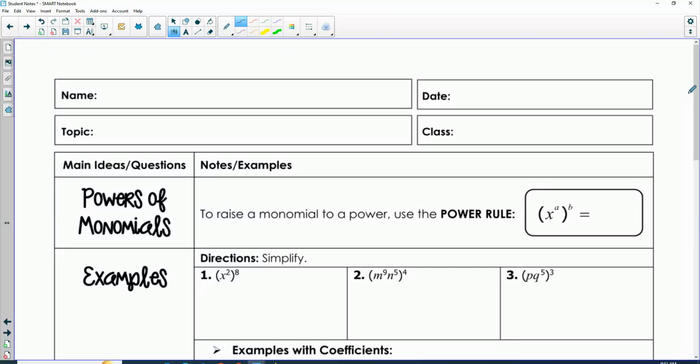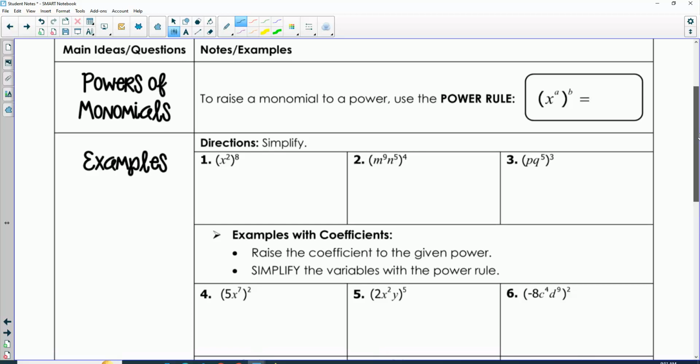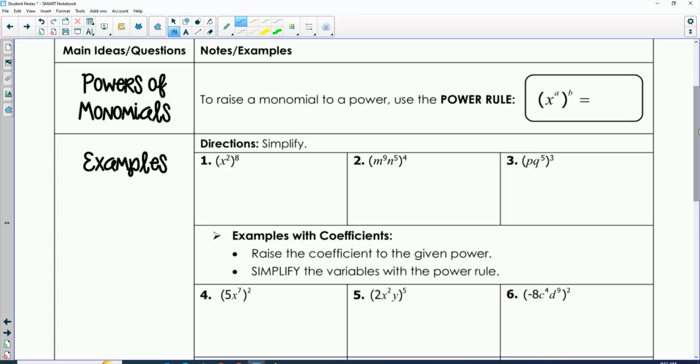All right, so that's where we need to pick up in our notes. We are on this page. Everybody turn to that page in your binder. So this is different than when I had the x written each time.